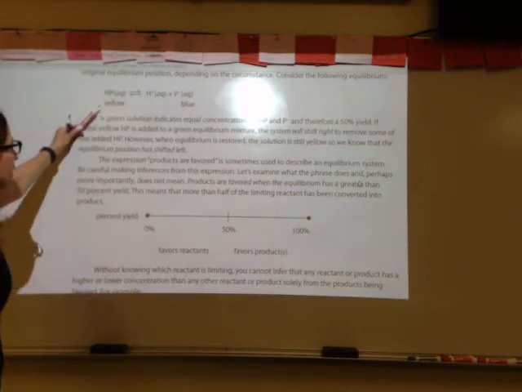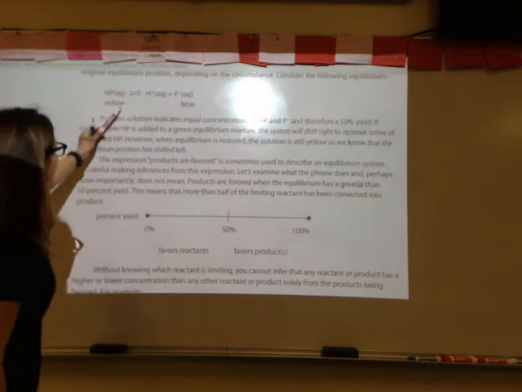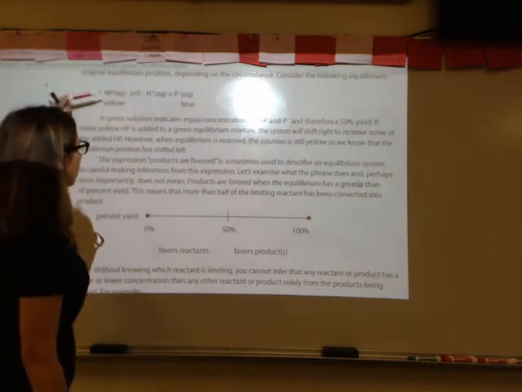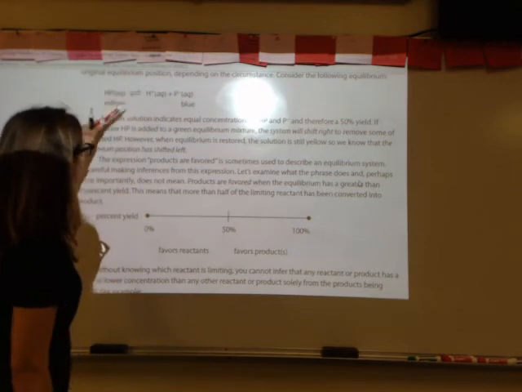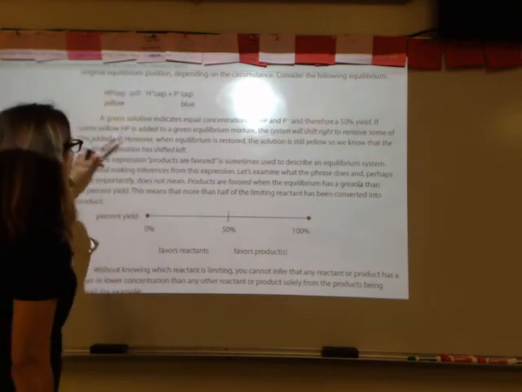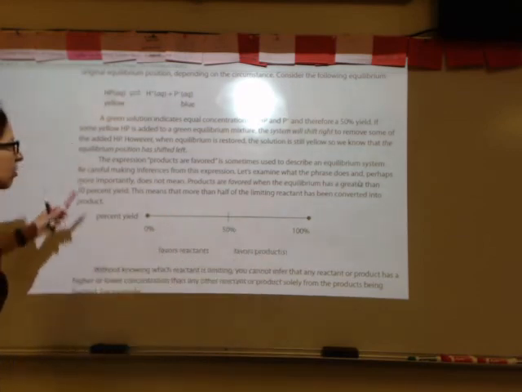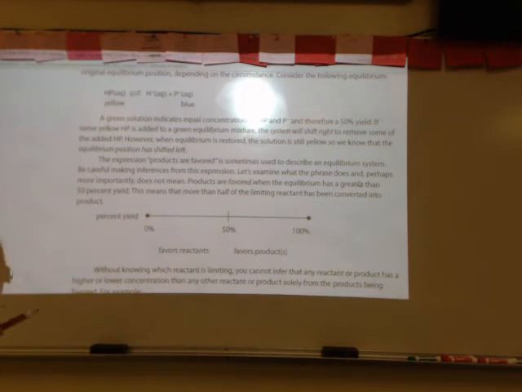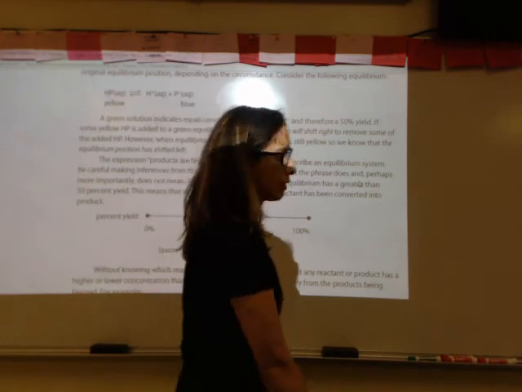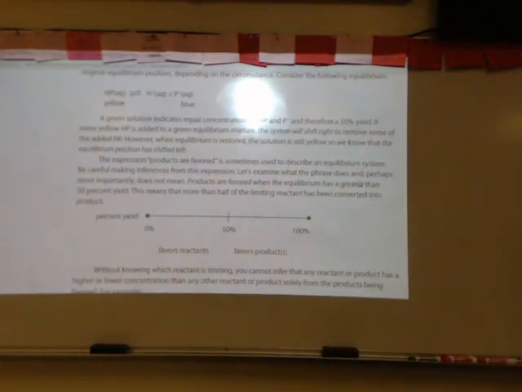But if some yellow HP is added to a green equilibrium mixture, when you increase the concentration of HP, which is yellow, that's going to cause me to shift to the right to consume some of the HP that was added. So that means I should be turning slightly blue. So the equilibrium position is going to shift to the right to remove some of it. When equilibrium is restored, the solution would still be yellow because I wouldn't have consumed all of the HP that I had added. So the equilibrium position has shifted to the left.